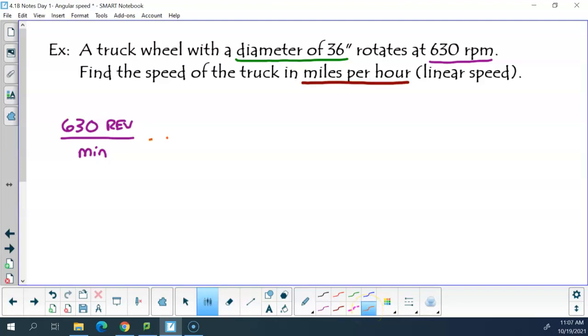So for my conversion, I would need some revolutions because I need to cancel it out, and I need some radians because that's angular speed. Well, how many radians are in a revolution? 2 pi radians in 1 revolution. To go around a circle, it's 2 pi radians.